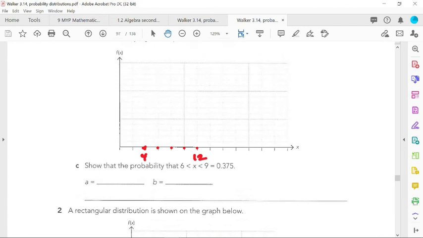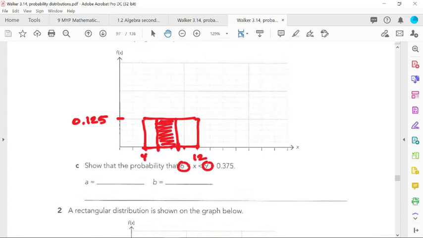This is 12. This is 0.125. So here's our distribution for the entire rectangle. But we don't want the whole rectangle. We want between 6 and 9. Well, 6 is right here, and 9 is in the middle there. So we're looking for this area right here.